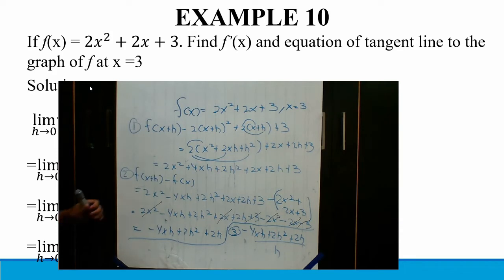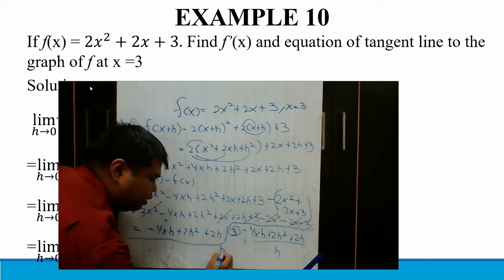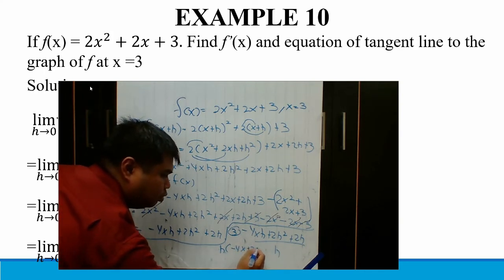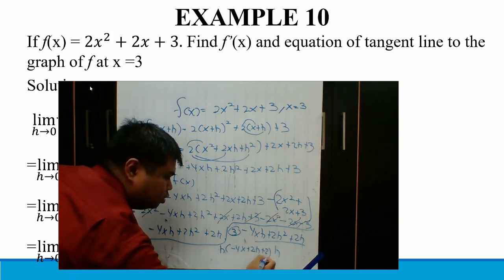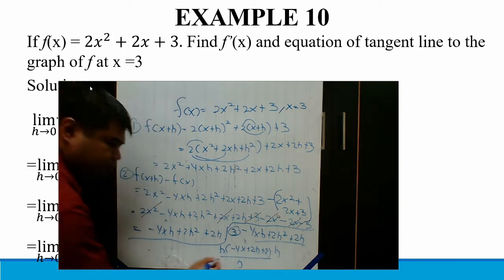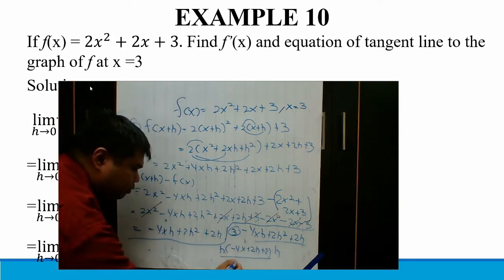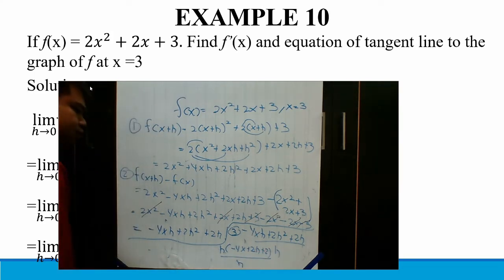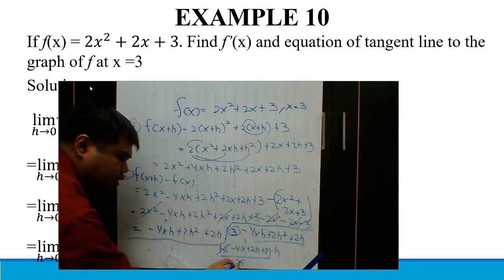So you factorize h, h times 4x plus 2h plus 2, divided by h, and you can eliminate this one with this one.